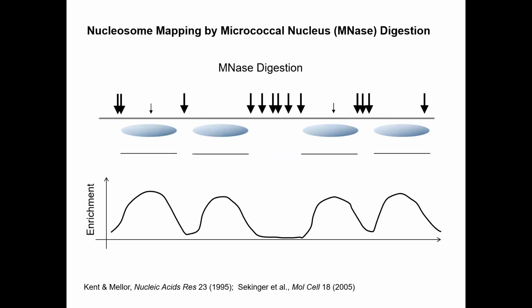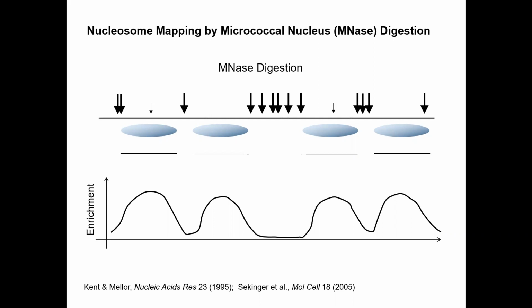Okay, this is the wrong slide. Okay, here. Before I move on, just in case some people don't know, this is how we map nucleosomes. We use this enzyme called micrococcal nuclease, MNase. MNase cuts DNA more efficiently in the open region than the nucleosome-covered region. So if you have a short chromatin that looks like this, after MNase digestion you would have these mononucleosome fragments that get enriched.